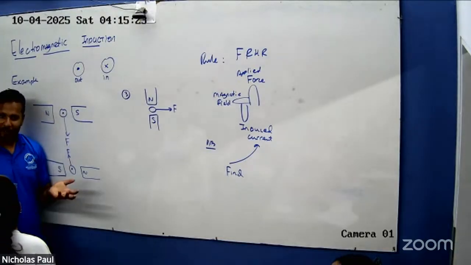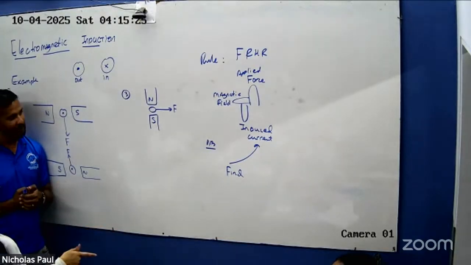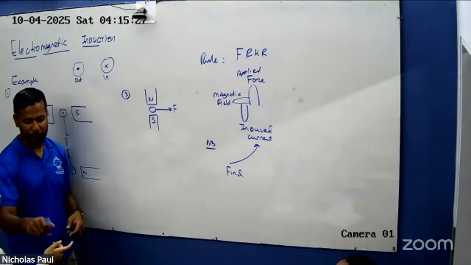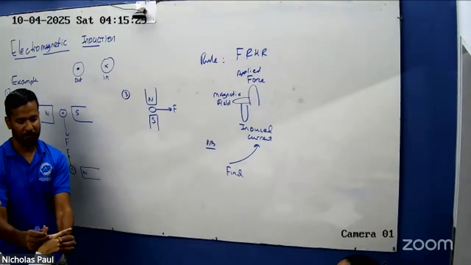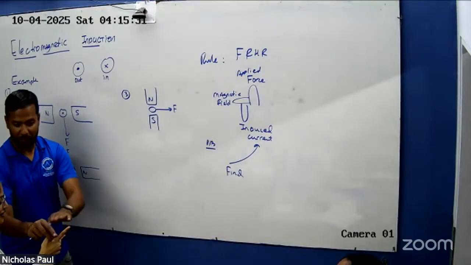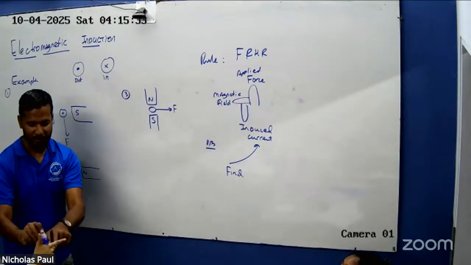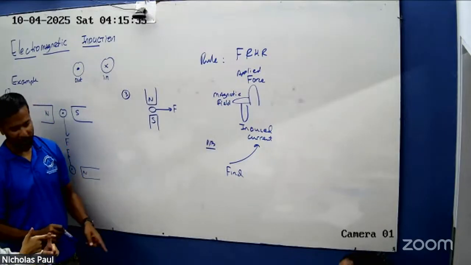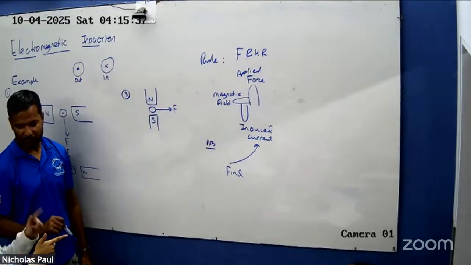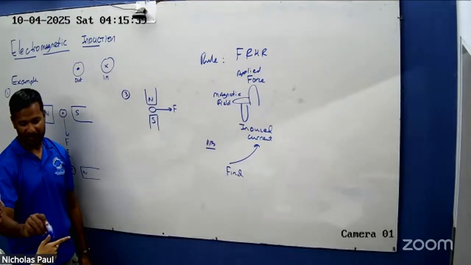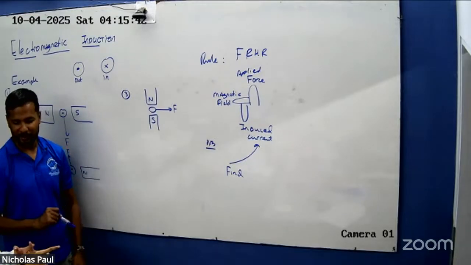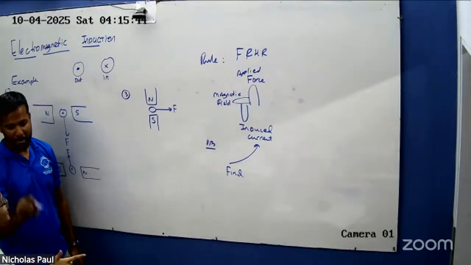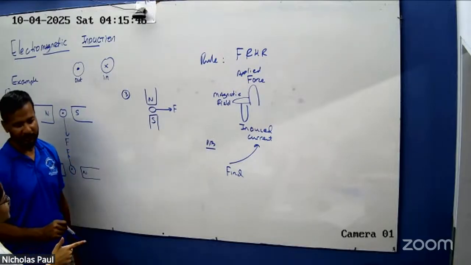How do you get dot or the X? So your magnetic field, which one is the magnetic field? Which one is magnetic field? This one is what? Current. You're trying to find this one here. So put this finger towards the force.